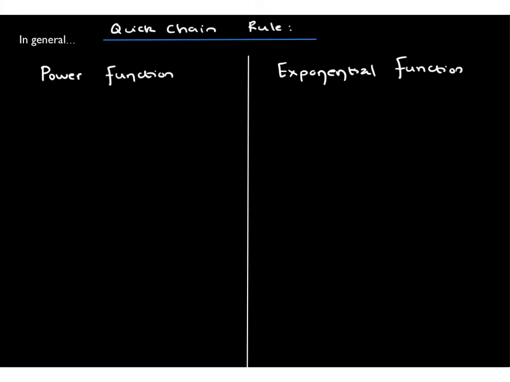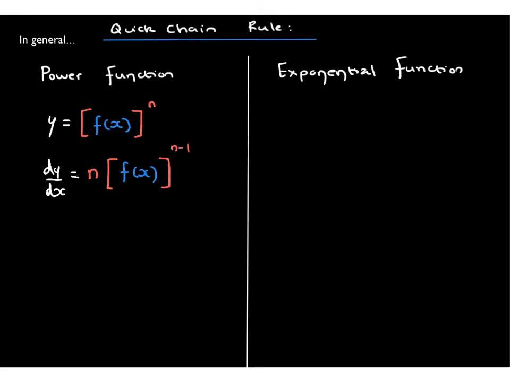Now, we've done a little bit of this previously. A power function is a function of the format y equals, and then we have f of x, which could be any function, all raised to the power of n. Now, dy by dx, we know, is then equal to n multiplied by f of x to the n minus 1. So we multiply by the power.